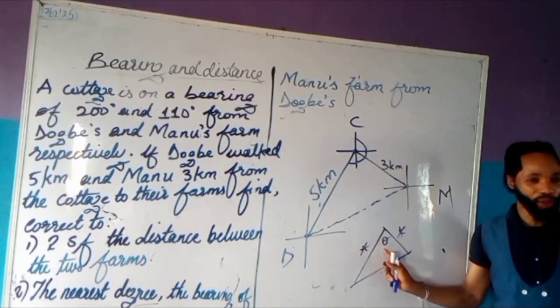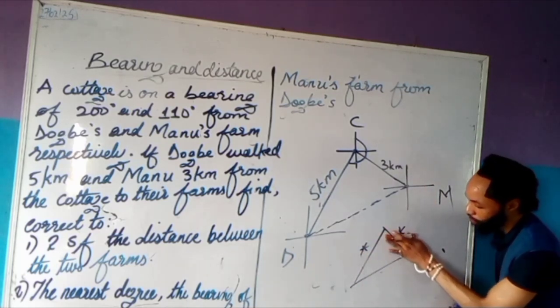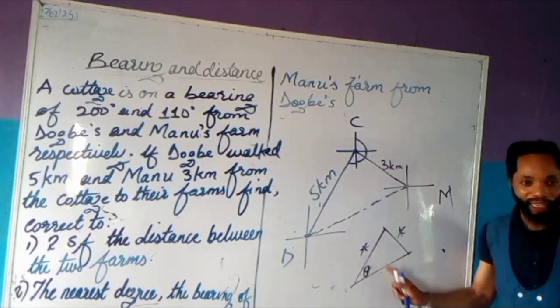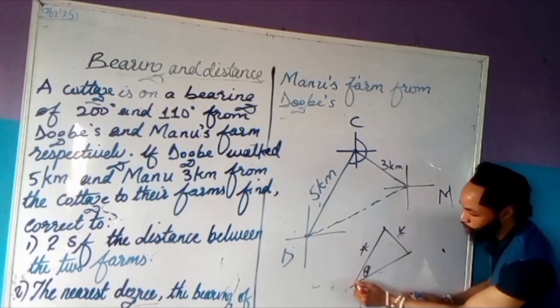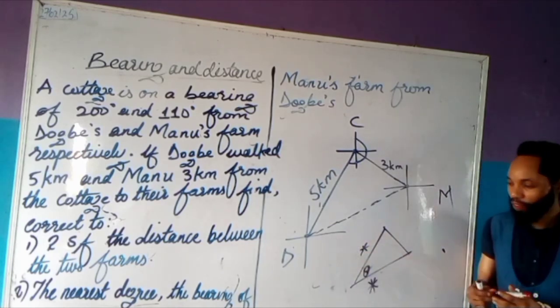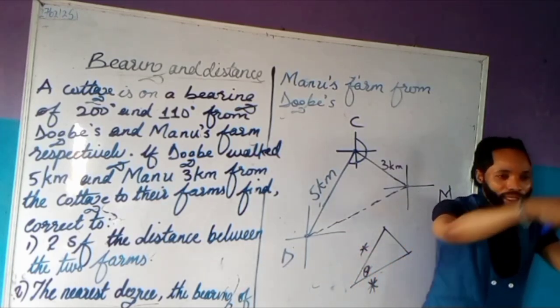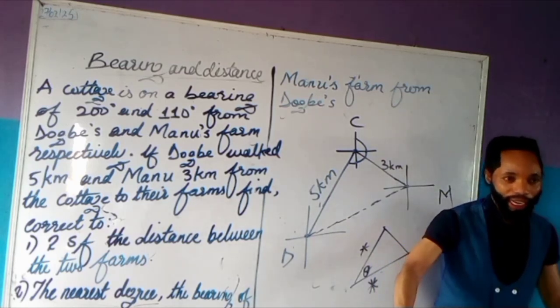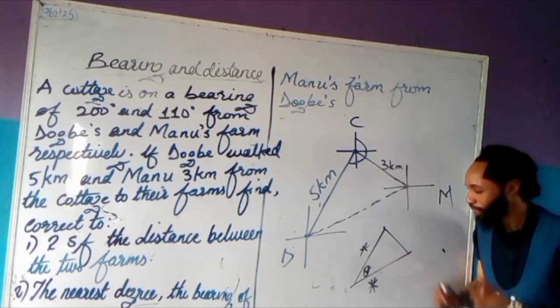Use cosine rule when you have an angle in the middle and the parameters bordering. If there's an angle here and you're given the length of this side and the length of this side, you use cosine rule because you have an angle in the middle and the distances given bordering it. Are you with me? So you use cosine rule for this case.